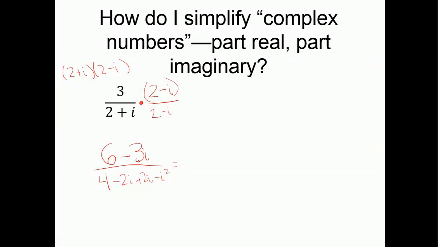You don't actually, though. Look, these guys have canceled out. -2i plus 2i, it's gone. So I'm left with 4 minus i squared. i squared, though, is -1 in disguise. So I can rewrite this as 4, and it's a -1, which is positive, right? So 4 plus 1. So my answer, 6 minus 3i, all over 5.